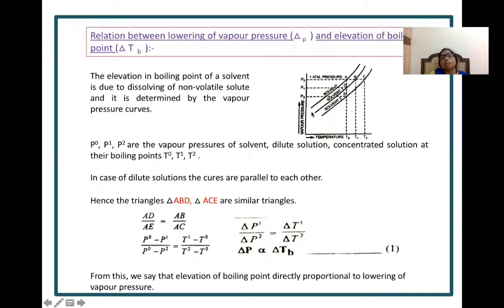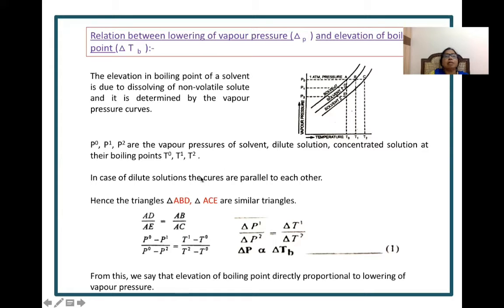So here the graph is taken between the vapor pressures and temperatures. Different vapor pressures of the solvent, dilute solution and concentrated solution at their boiling points T0, T1, T2 are taken. In case of dilute solutions, the curves are parallel to each other.